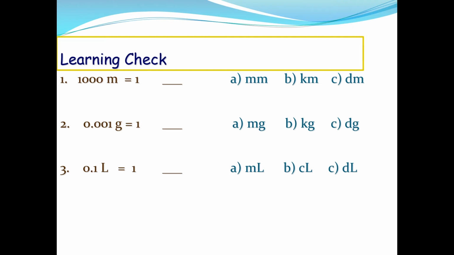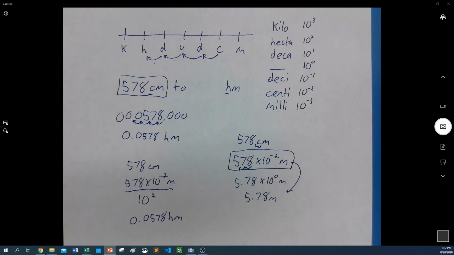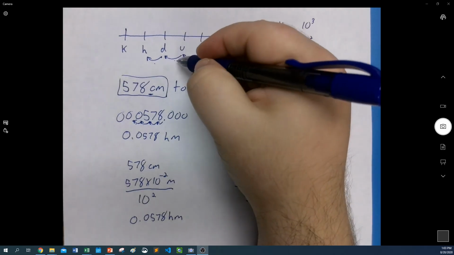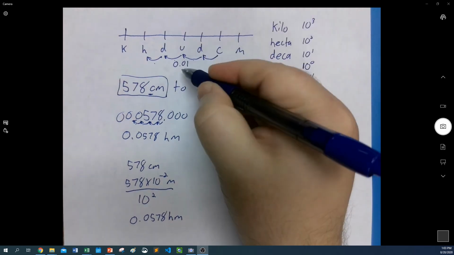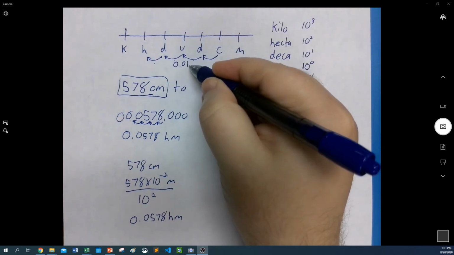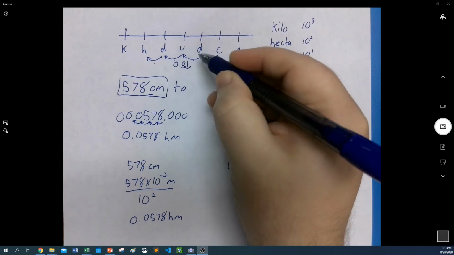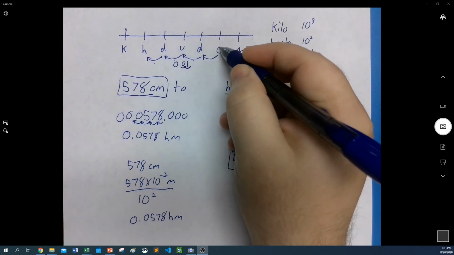So that would be moving the decimal place 1 over to the right, so that would be deci. And then 0.01 would be centimeters. So you need to move it over 2. It gives you 0.01. In order to put the decimal behind this, you need to go 1, 2. So 1, 2 is centi.